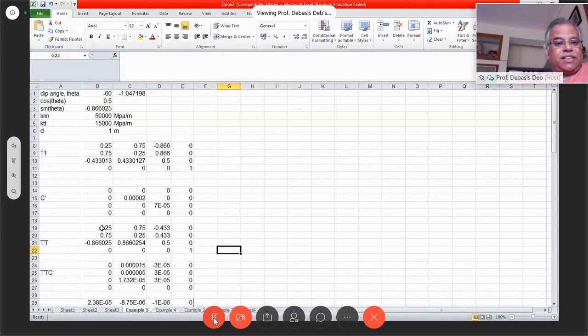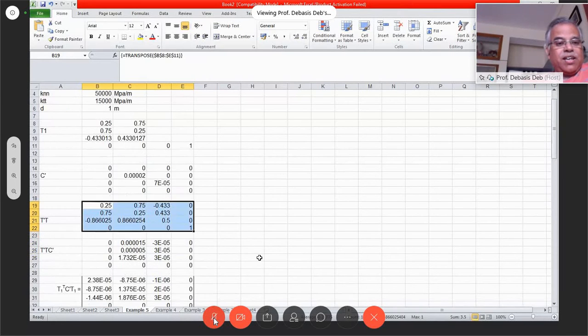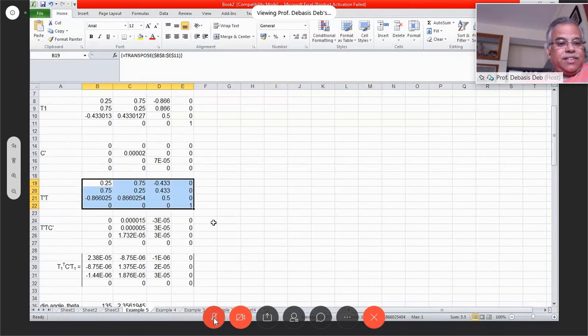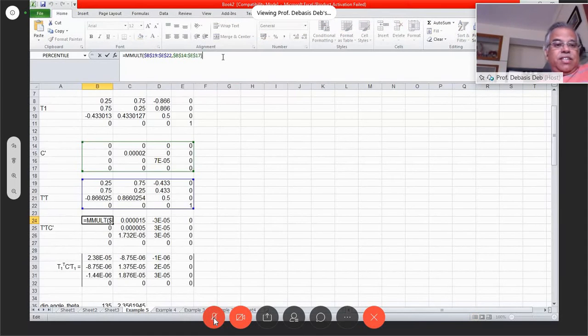So this is the transpose of this matrix, and then this one is the multiplication of this T transpose multiplied by C dash. Okay, so करने से ये आता है.